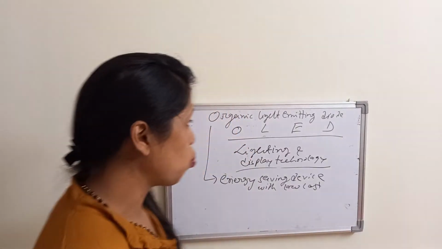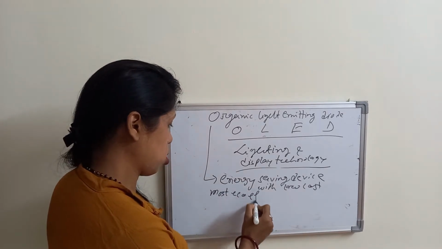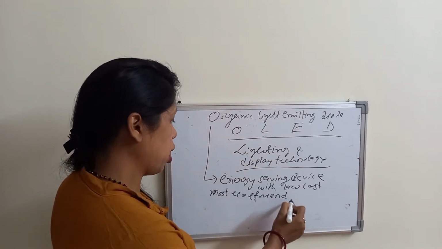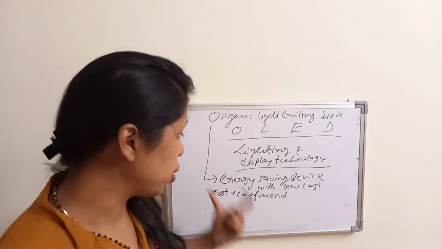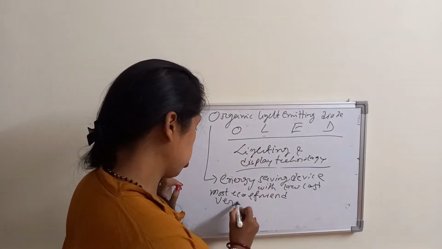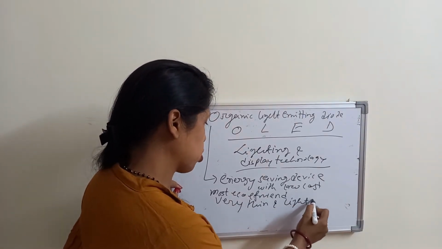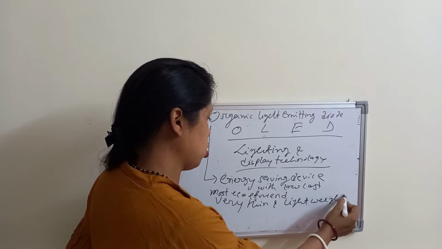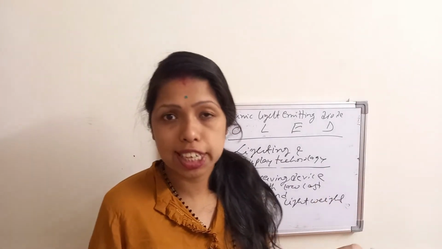Okay, so that is the most eco-friendly, and we can easily use it for display technology because it is very thin and very lightweight. Okay, due to this nature we can easily use it for display technology, and it has low manufacturing cost.